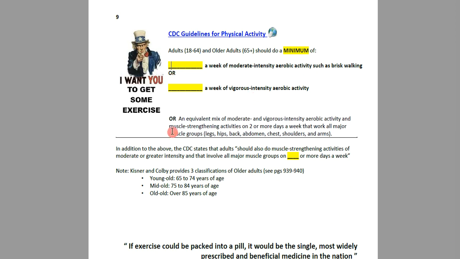The second part of that they recommend for everyone is that they also have an equivalent mix of moderate and vigorous exercise, aerobic activity, and muscle strengthening 2 or more days a week. And they do recommend working all the major muscle groups. So with that, they also state this here, no matter what you're doing up there, you should also have muscle strengthening activity 2 or more days per week.